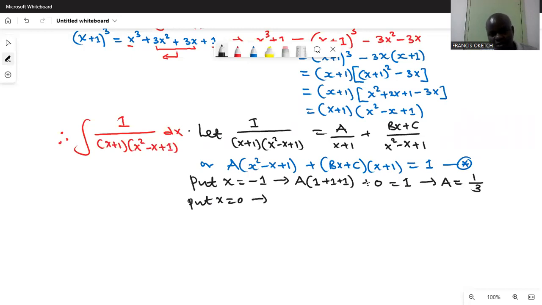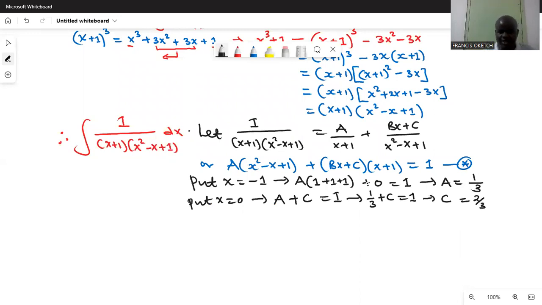In the same equation star, I'll get a times 1, which is just a, plus c, because there's b times 0, which is 0. So plus c equals 1. But I know a to be 1 over 3. So 1 over 3 plus c equals 1. So what do you think is c? You make c the subject, that will give us 2 over 3.